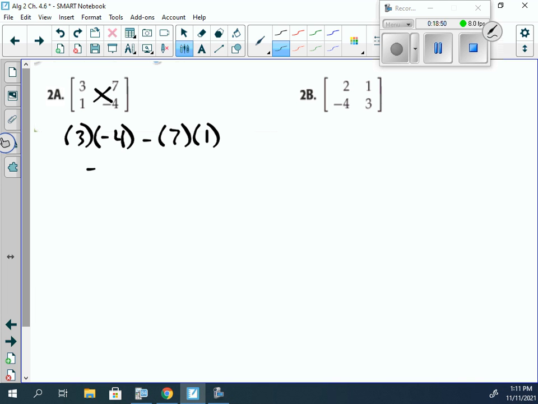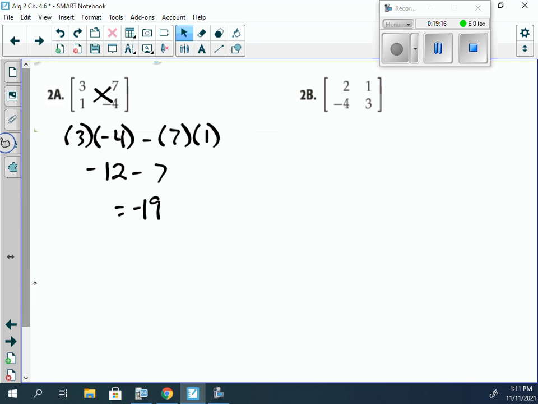Well, 3 times -4 is -12 minus 7, which is -19. So will this have an inverse? Because if it's 0, then it will not. Any questions on this here before you find its inverse?